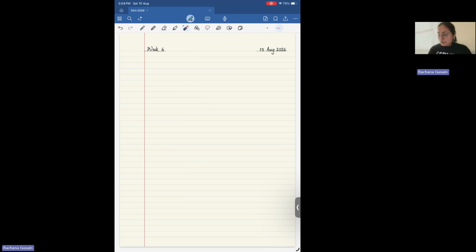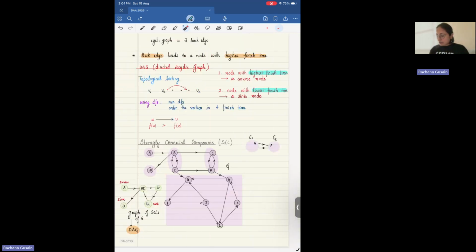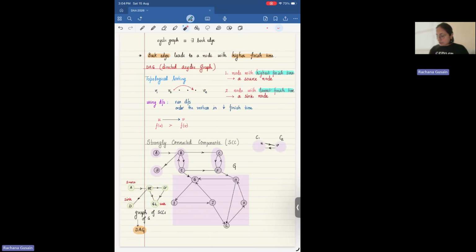We are going to continue our discussion on strongly connected components in a directed graph. What we had discussed in the last few minutes of the previous session: we are given a directed graph, and the goal is to partition the vertices into strongly connected components.